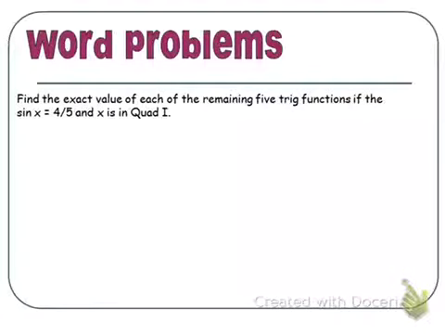Next example says, find the exact value of each of the remaining trig functions if the sine of our angle x is equal to 4/5, and our angle is in the first quadrant. Now, what's the important question in trig?